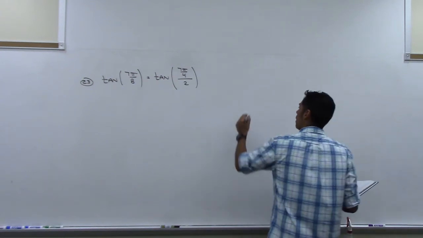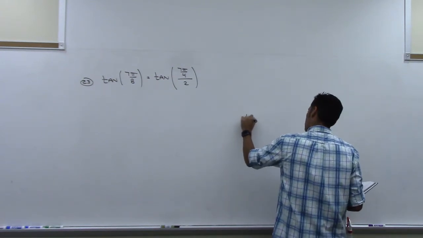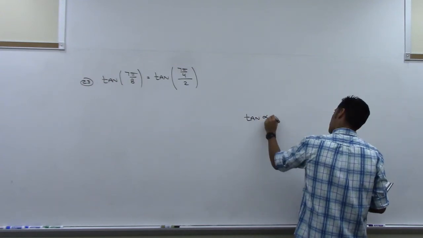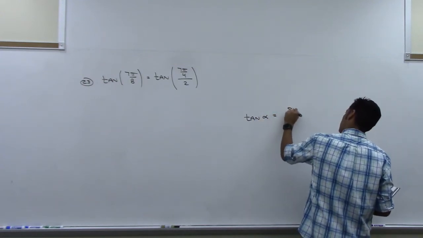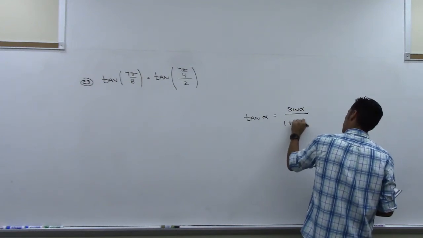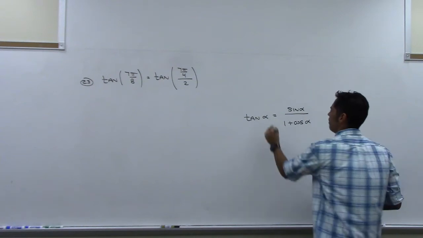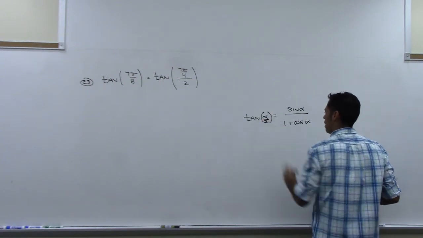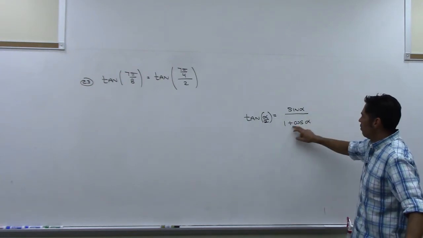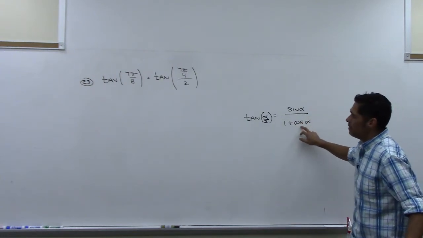Here we go. I'm using the formula off page 661. So tangent, they use alpha, that's fine, equals sine alpha over 1 plus cosine alpha. Very clean formula for alpha over 2. So tangent of alpha over 2 is sine of alpha over 1 plus cosine alpha.